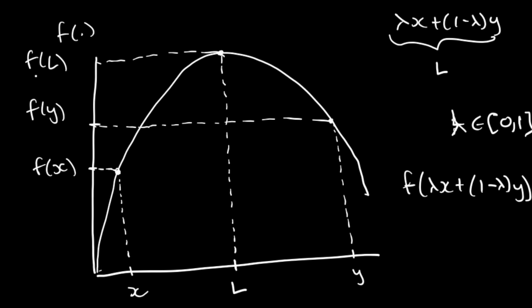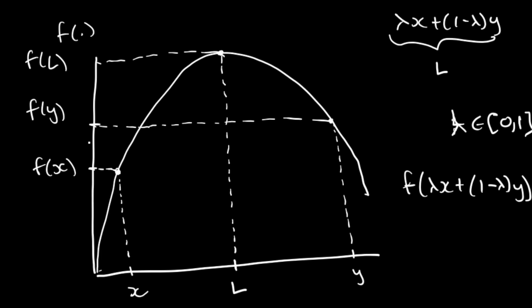So now what we're going to do is again take the linear combination of 2 points on this graph, but this time we're not going to take the linear combination of x and y on our x-axis because we've already got that here, which we've just called L, and we've got the function of that over here, which we've just called f of L. Now we're going to take the linear combination of these 2 points, the function of x and the function of y. If we take the linear combination of these 2 points, we're going to get some point again that's going to be contained within the 2.